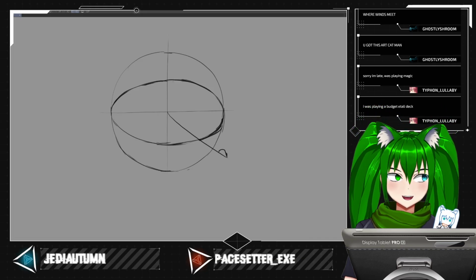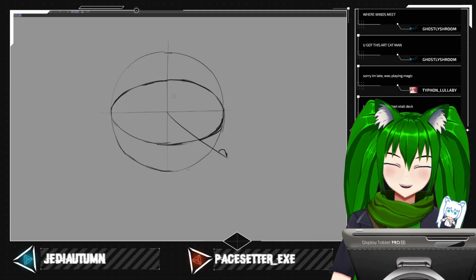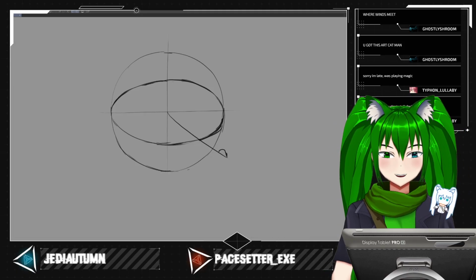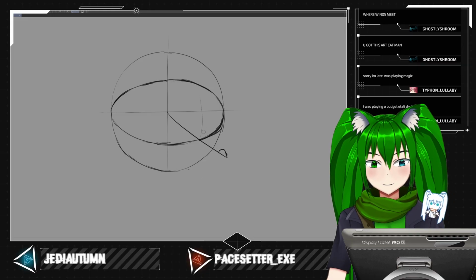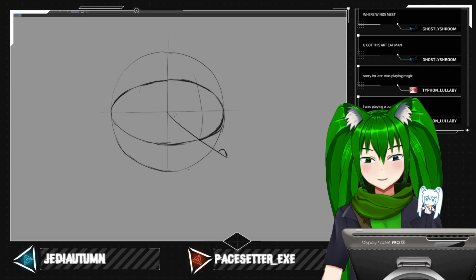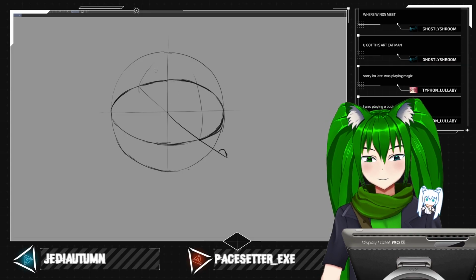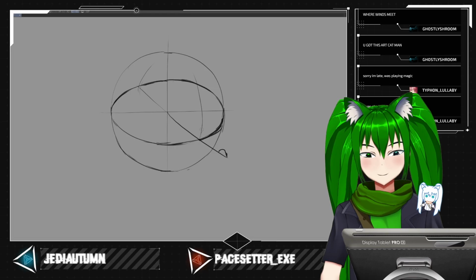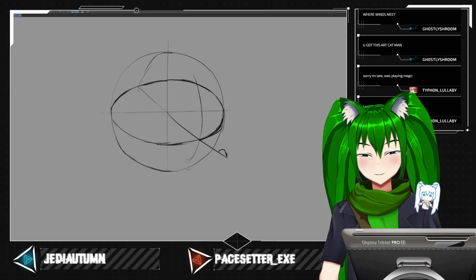Let's try and box this. Actually, let's attempt to do it blind really quick, because I feel more comfortable attempting to do it blind. I can kind of visualize it in my head a little bit here.